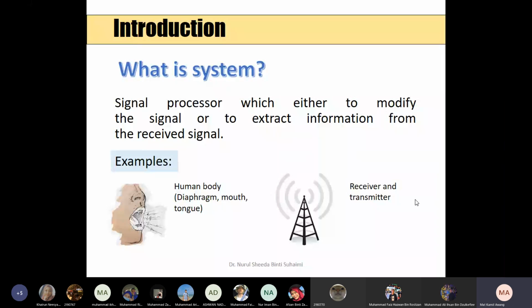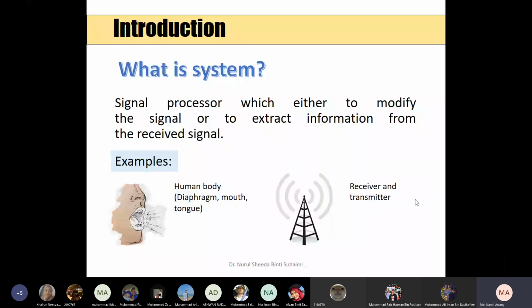Take the example of the human voice: basically, the air from your lung goes through the diaphragm and vibrates the vocal cord, and goes through your mouth and tongue to produce the sound.